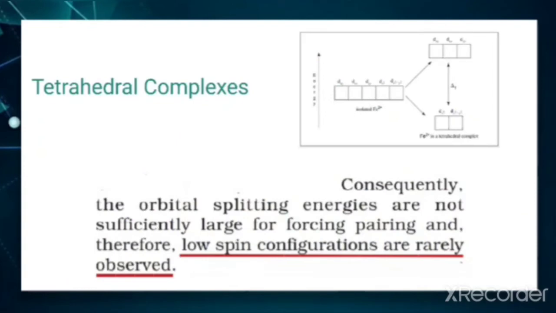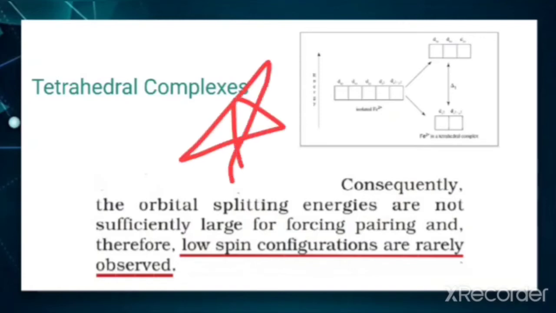But in the tetrahedral complex, consequently, the orbital splitting energies are not sufficiently large for forcing the pairing, and therefore low spin configurations are rarely observed. It is one of the most important reasoning type questions, why the tetrahedral complexes do not show low spin complexes.